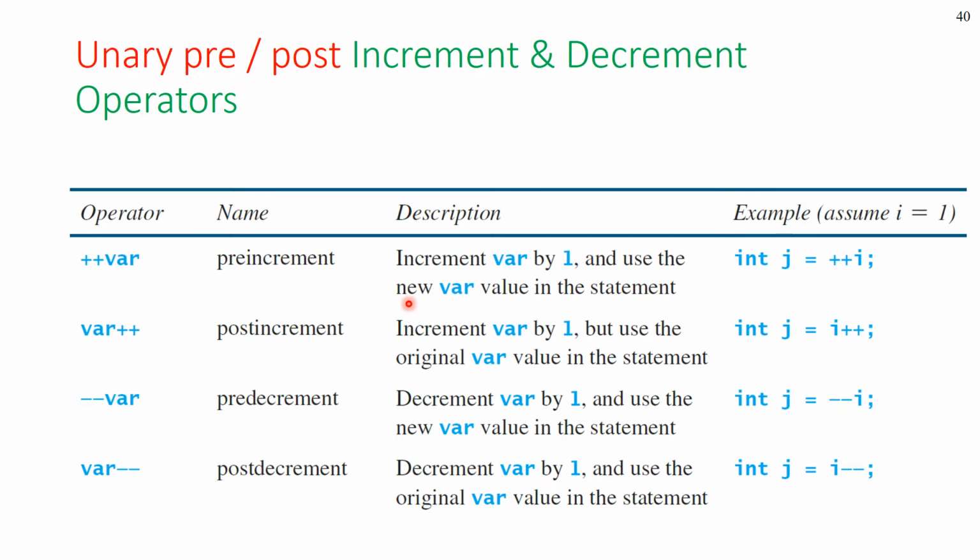So first thing to understand is those operators, they are meant to work with integers. You cannot plus plus a floating point number. You cannot minus minus a floating point number. You can only do that on int, long, byte, and short, the integer data types, okay? So they are meant to say, I want to increment this variable by one, or I want to decrement this variable by one.